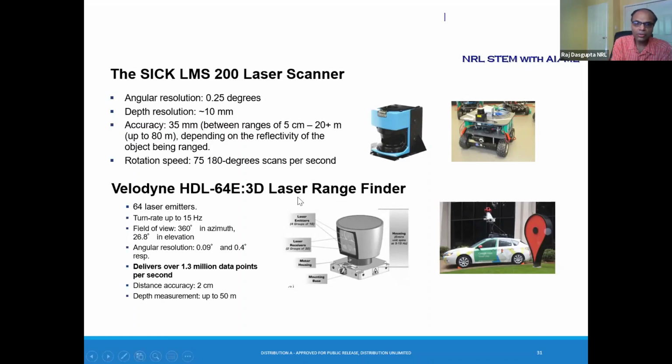At the bottom, I show a commercial laser sensor that is used, or at least used to be used, on the Google cars. Many of you have seen the Google cars on the streets that were used to construct Google Maps. Many of these self-driving cars, Google's and other companies', use this sensor made by a company called Velodyne.